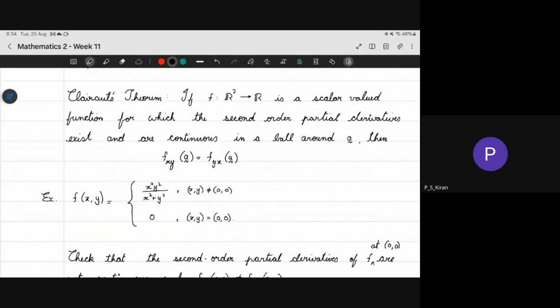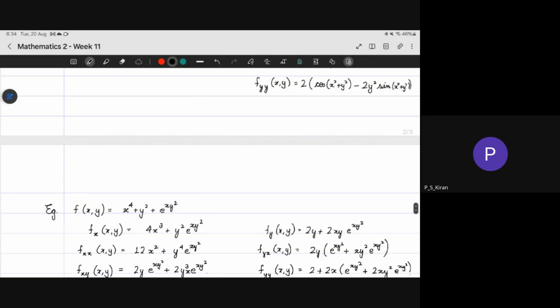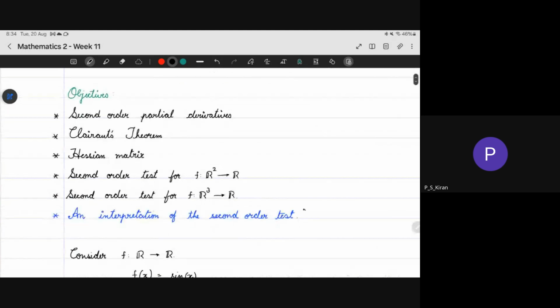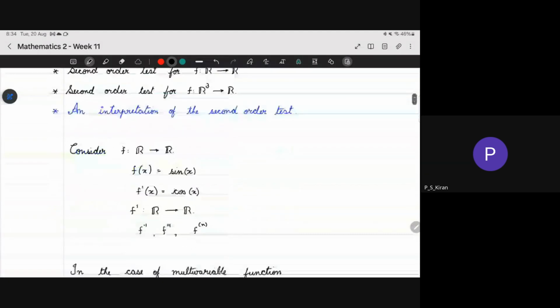Later on, you'll see that that implies some symmetry on the Hessian matrix, which captures the entire picture of the second order differentiation.